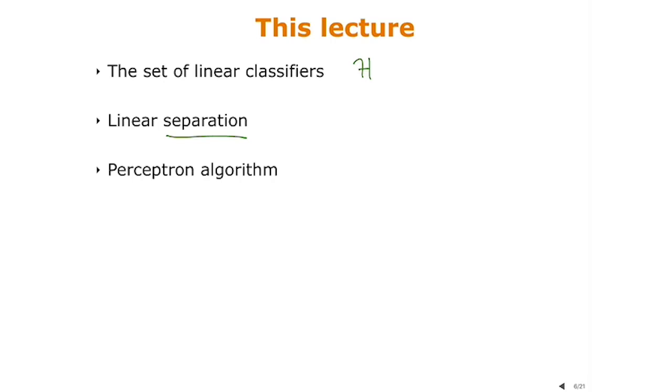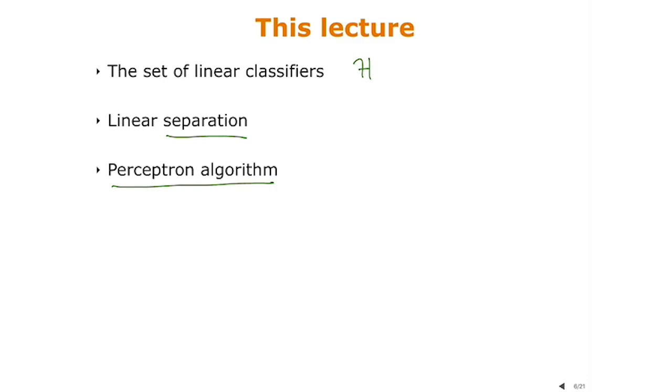Once we understand the set of classifiers we are operating with, we need to define a learning algorithm that takes in the training set and the set of classifiers and tries to find a classifier in that set that somehow best fits the training set. We will consider initially the perceptron algorithm, which is a very simple online mistake-driven algorithm that is still useful as it can be generalized to higher dimensional problems.